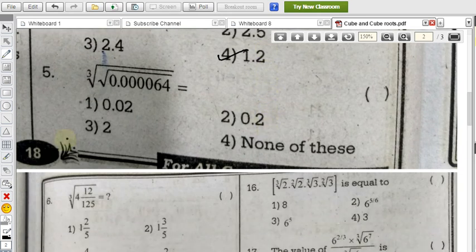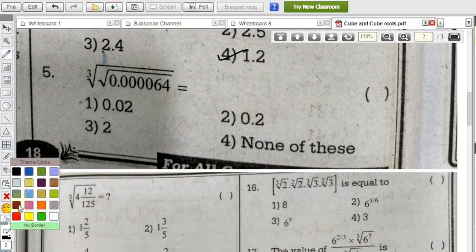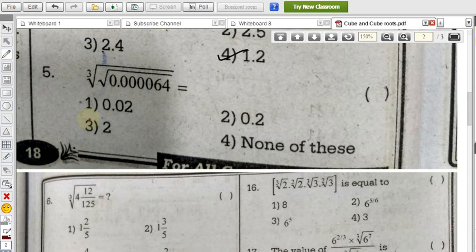Fifth one, cube root of, again under the cube root a square root of 0.000064. We can convert it into fractions. Under the cube root there is a square root.